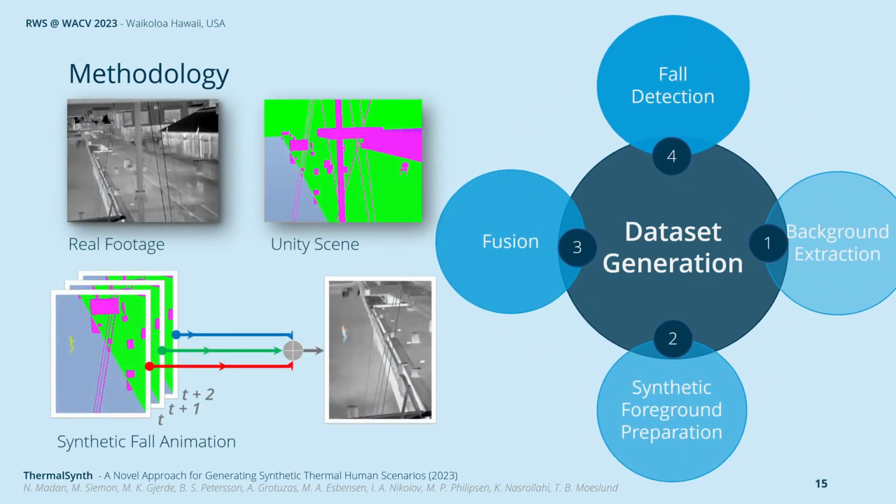We fuse the synthetic foregrounds with our real backgrounds by modeling the background in Unity at first to specify where our static objects are located. Then we place our foreground objects into our region of interest.